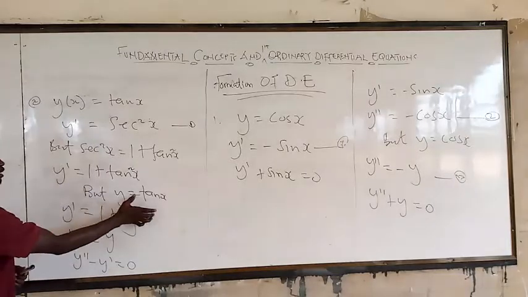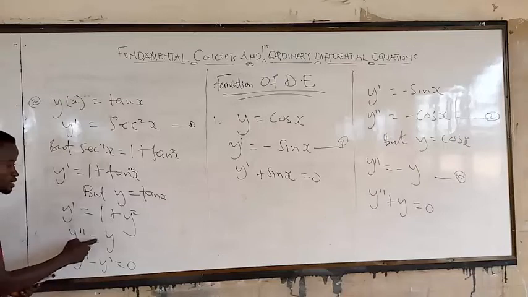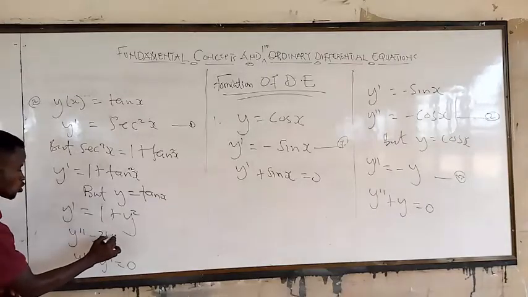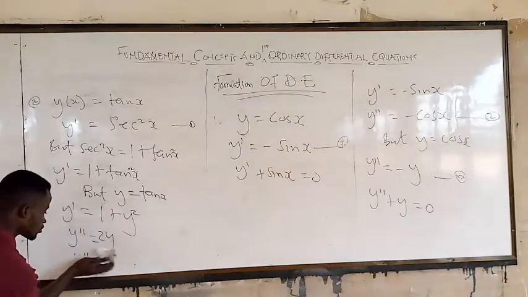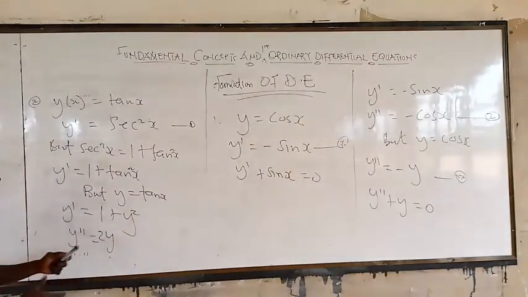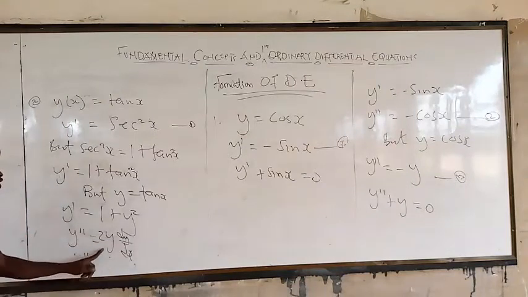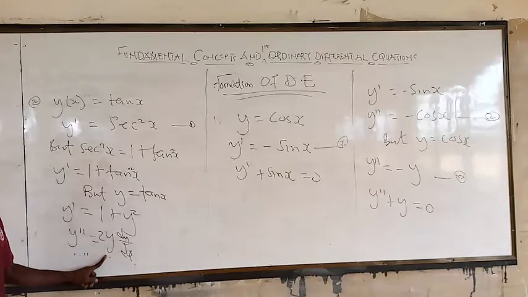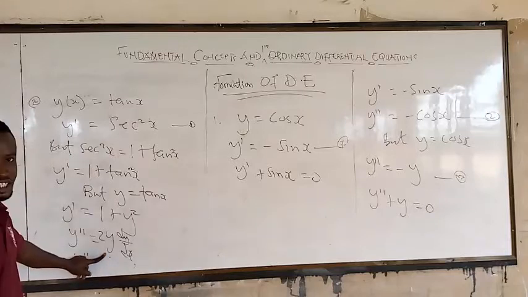Because you do the substitution, you get y squared. So if you want to go by second derivative, this will be 0. By here you get 2y, very good. Here you get 2y dy/dx, because it is implicit. It is implicit, so you get 2y dy/dx, because you are taking the derivative with respect to x, not y.